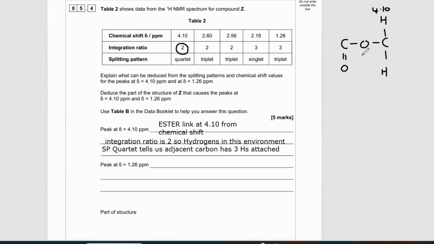And also that we have a quartet here, and that is telling me that the carbon attached to this hydrogen is adjacent to a carbon with 3 hydrogens attached. Quartet is 9 times out of 10 telling you there's a methyl group attached. So really, that is what 4.10 is telling us.